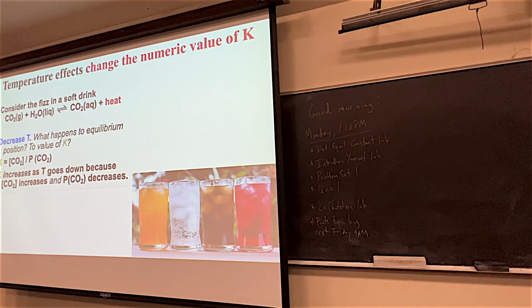And what that also means on a practical level, cold soft drinks have more carbon dioxide dissolved. And when you take it out of the fridge and you pop the top, first of all, you depressurize it, which is one thing. However, you're also warming it up. That CO2 is going to go back over here to the left. That's the sound you hear when it comes back out.